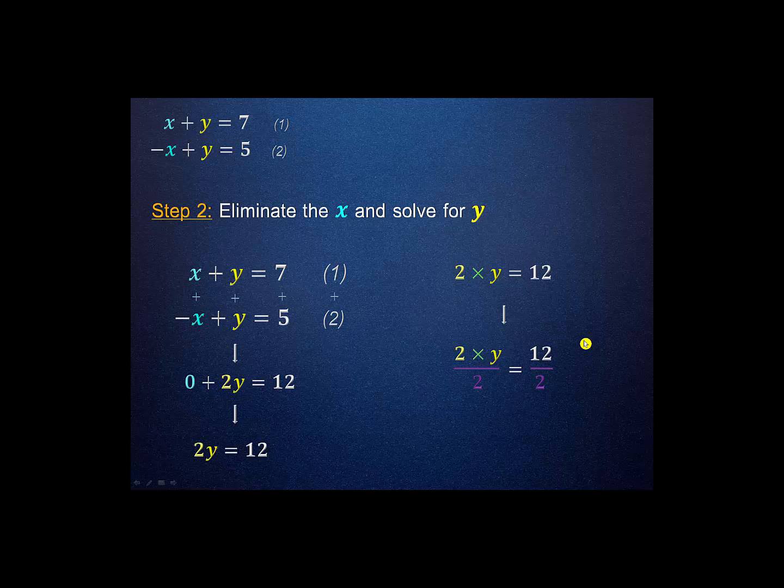So when we do this, we are left with 1 times y, as 2 divided by 2 will give us 1, and 12 divided by 2 on the right hand side is what? It's 6. So y equals 6. That's our first solution. Good work, guys.